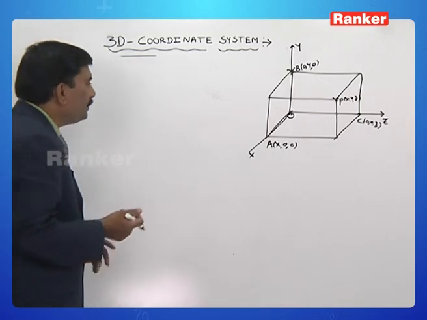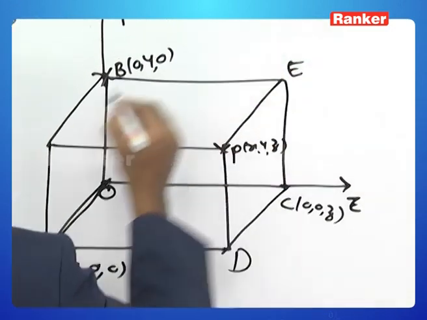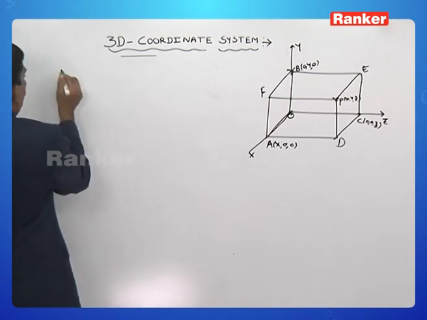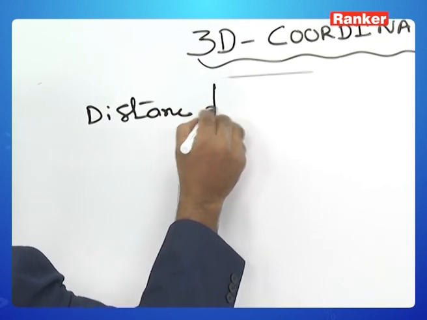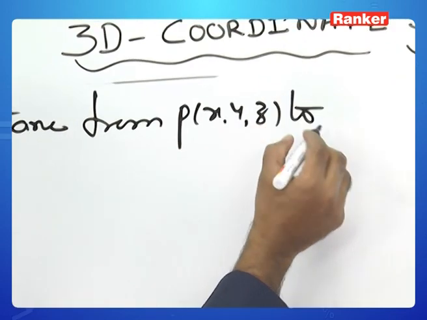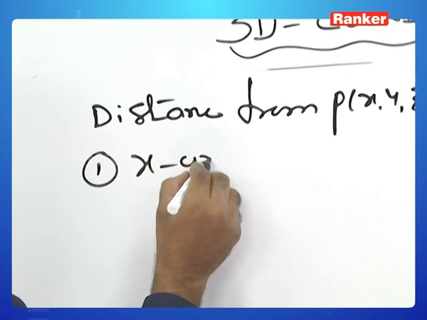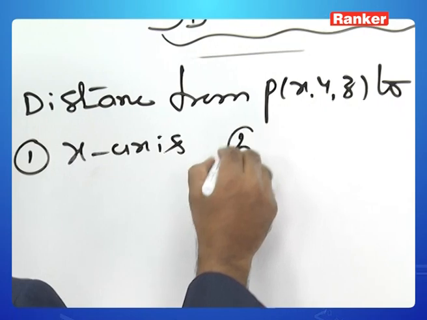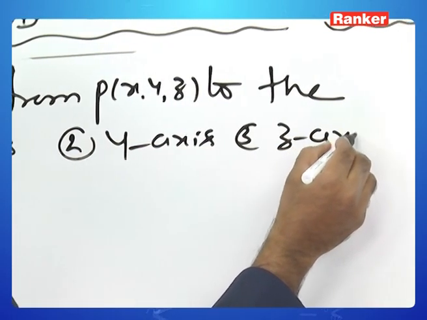Right. Now I want to find out, you take this is D, this is E, this is F, right? So I can write the distance from P of x, y, z to the first one, x-axis. Now second one is y-axis, third one is z-axis.